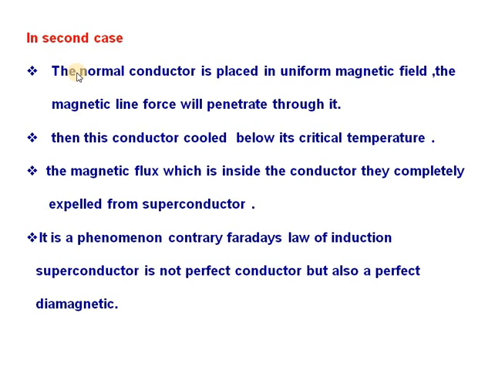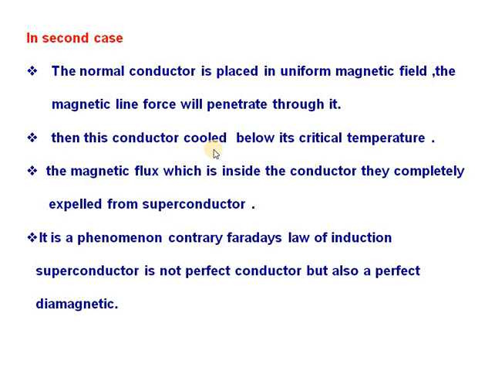Firstly, we place the normal conductor directly in a uniform magnetic field. Then the magnetic lines of force penetrate through it, meaning these magnetic lines pass through the normal conductor.